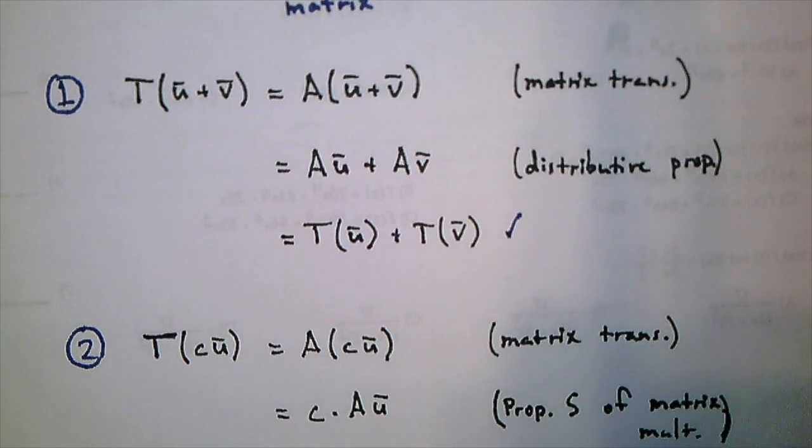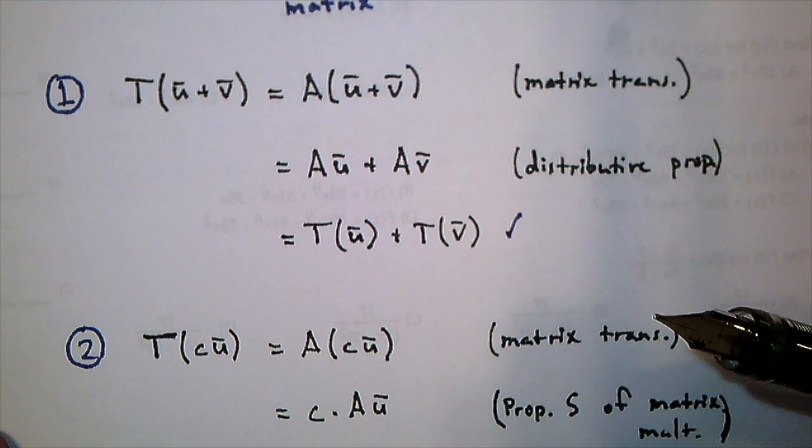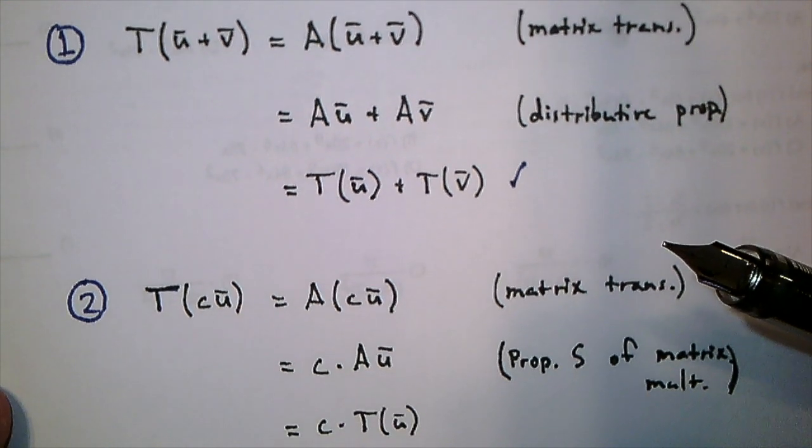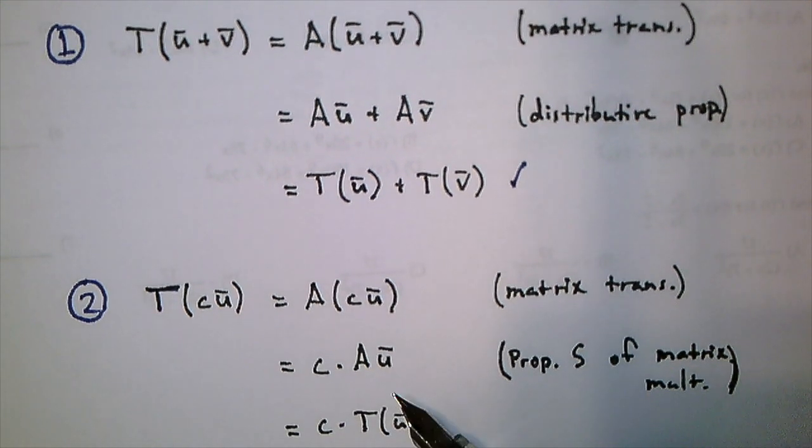In this case, property 5 of matrix multiplication tells us that we can move scalars around anywhere we like. So let's move it out to the front. And then to finish the second property, we remember that A times u is really T of u.